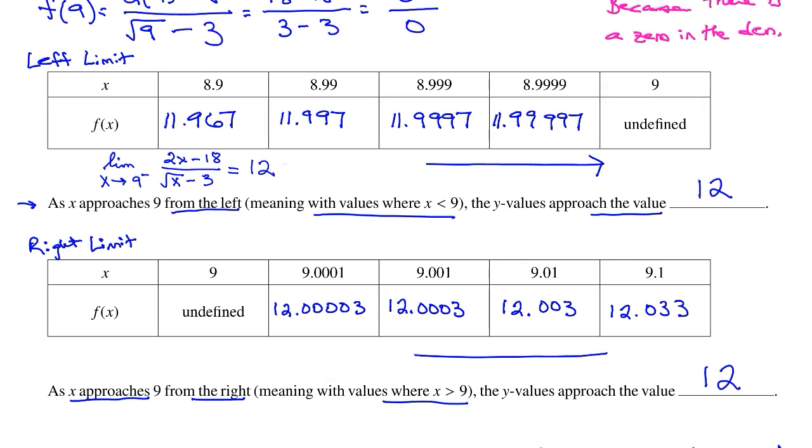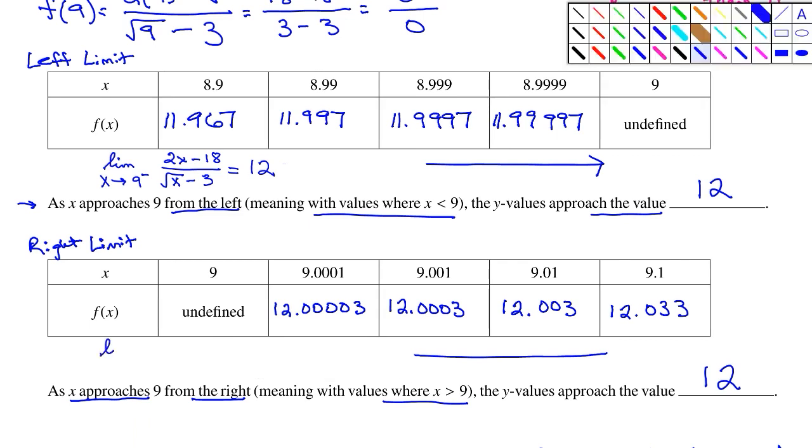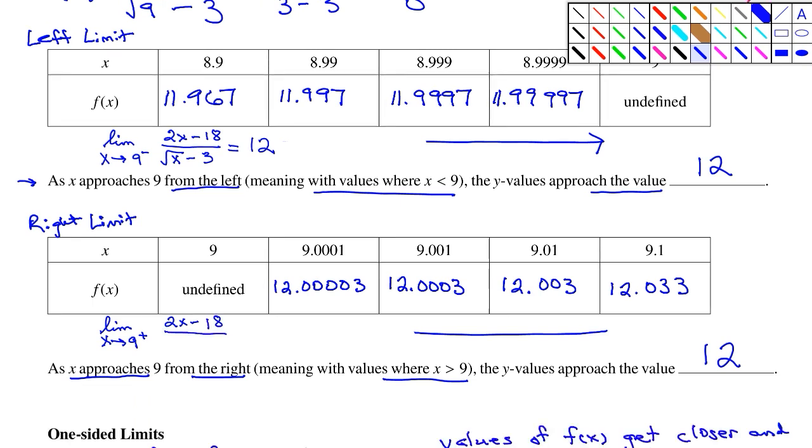And then the right limit says the limit as x approaches 9 from the right of the function 2x minus 18 divided by the square root of x minus 3 is equal to 12. So those are our two one-sided limits.